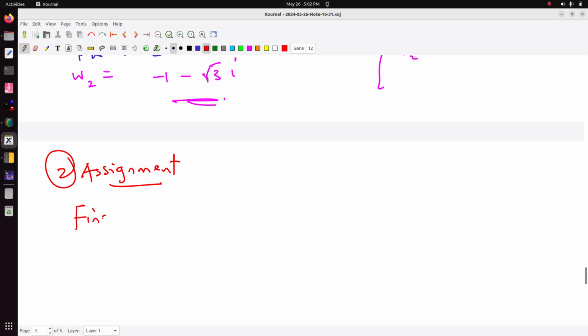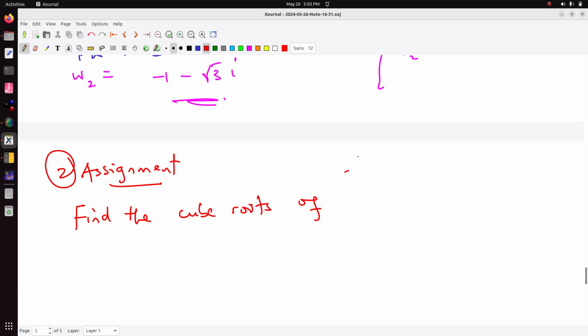find the cube roots of, let me see the number. So if you say 3 plus 4i, okay, sure, let's find it.